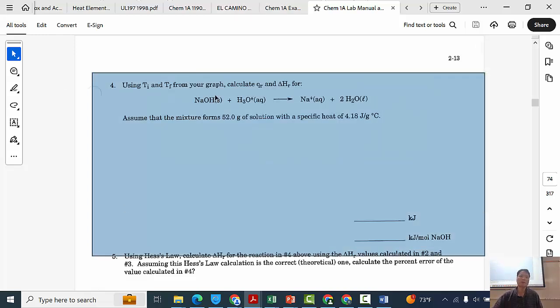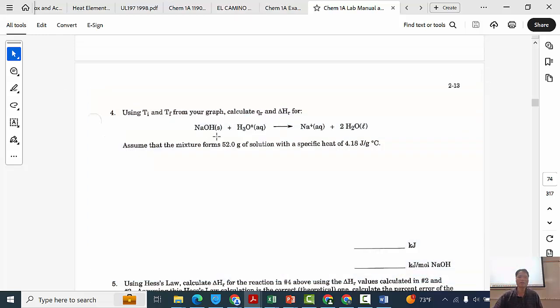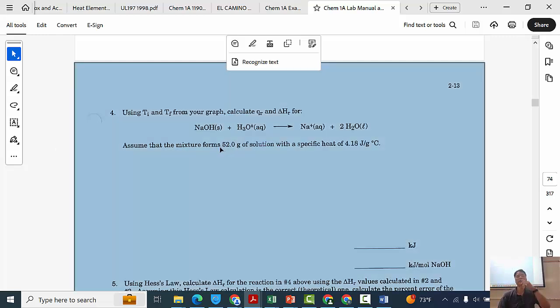Here it says assume, this one I don't like here. It says assume it forms 52 grams of solution. They're probably not going to give you 2.00 grams. They might give you like 1.98 or 2.02. If that's the case, use the grams you got. So it's 50 milliliters of water or 50 milliliters of acid plus 2 grams of sodium hydroxide.